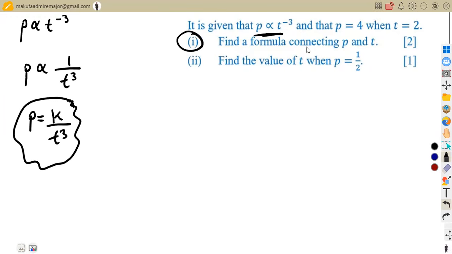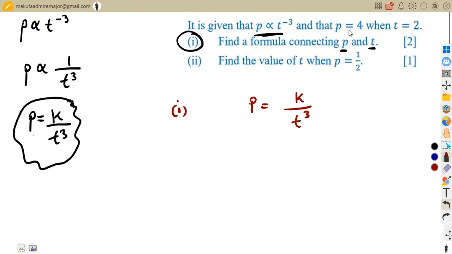Item 1, find the formula connecting P and T. From our analysis, we can see that it's P, T, and K. So we are supposed to find only P and T without the K, so the K is supposed to be removed. We said P is equal to K over T to the exponent of 3.